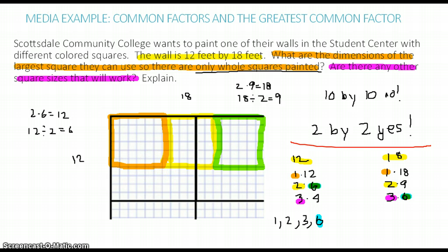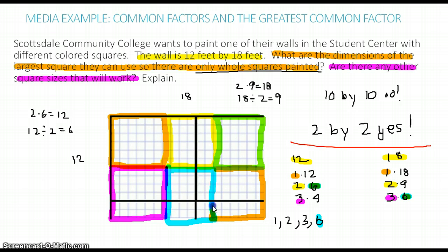There's another. And there'd be corresponding squares underneath. So 6 by 6 are the largest squares that we could make, so that we only use whole squares painted.